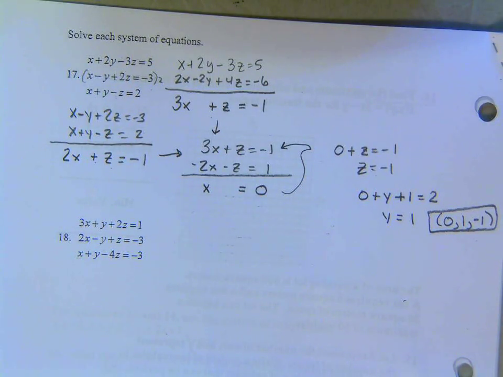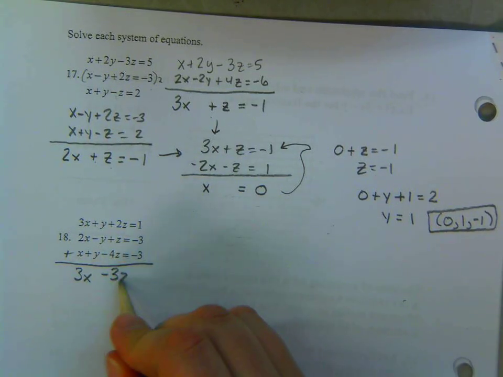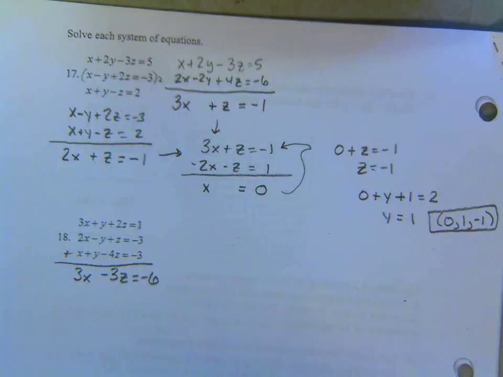So you would... All right, let's do it. 3x minus 3z equals negative 6.